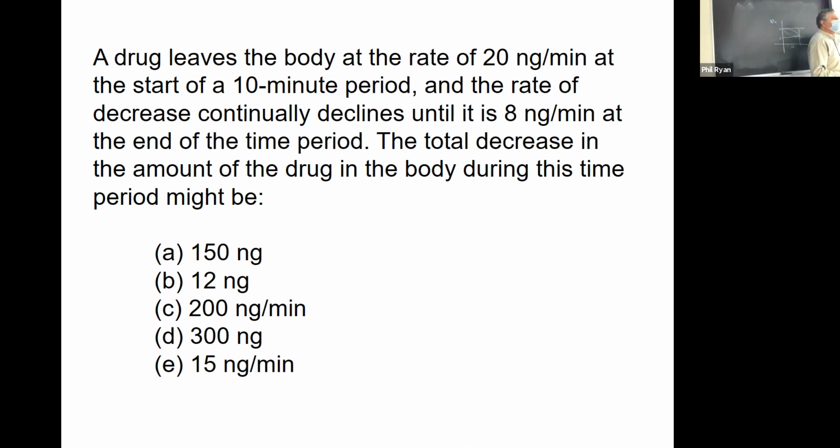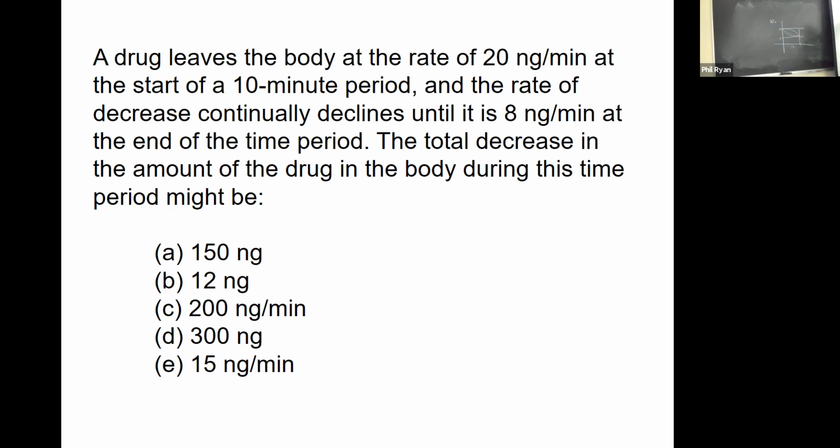Yeah, A. So it seems like when you look at this question that you just don't have enough information, but you do. Once you think of this picture, you can see that 12 nanograms is too little, because if at worst it's releasing at 8 nanograms per minute, over 10 minutes it has to release at least 80. So this is no good.